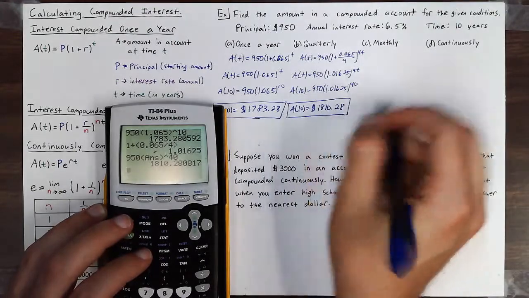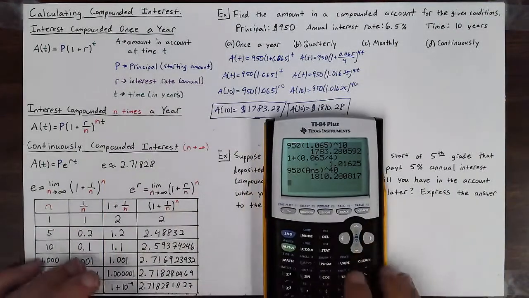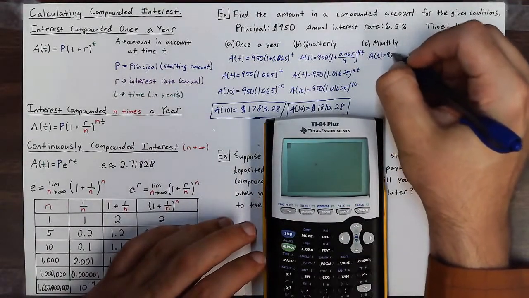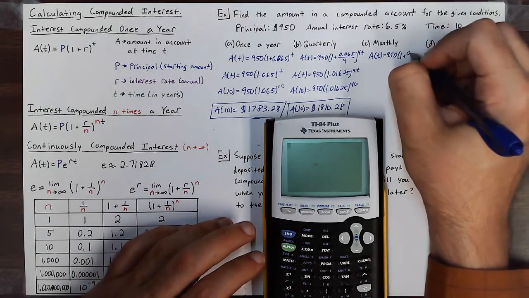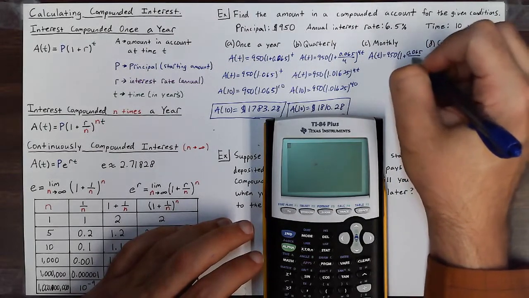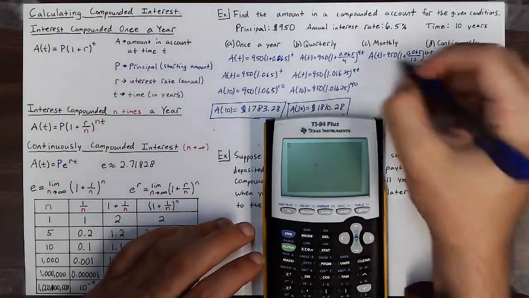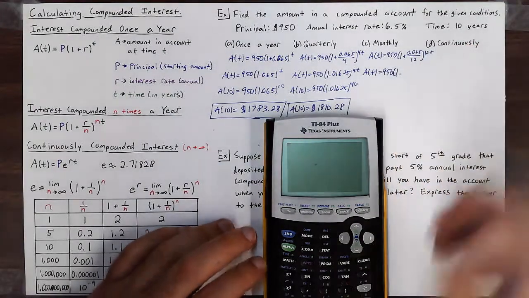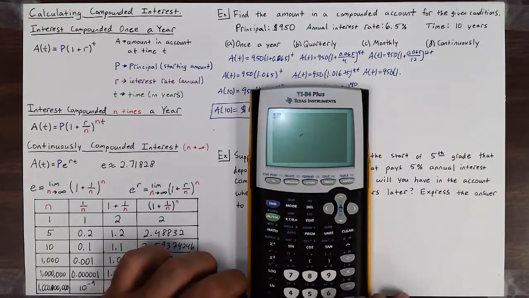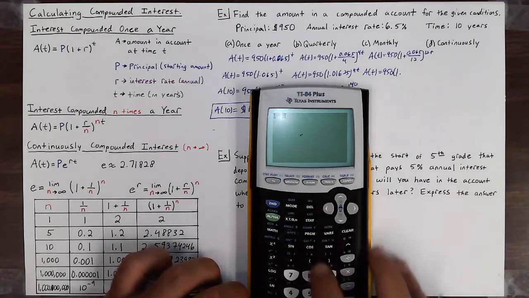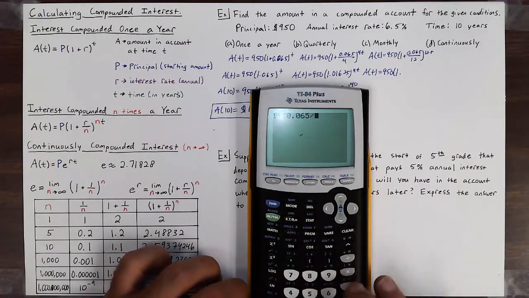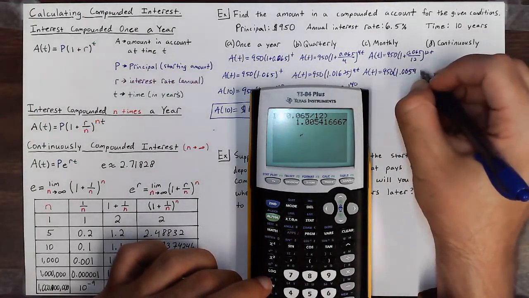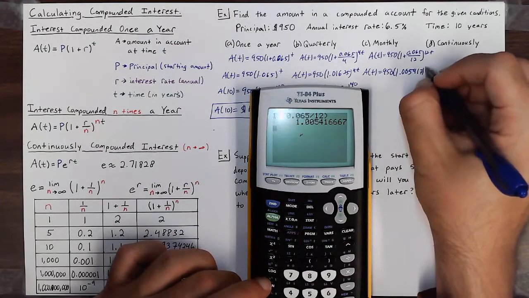So let's say we do it monthly, so once a month. Well, that would be A of t equals 950 times 1 plus 0.065 divided by 12, to the 12t power. Let's figure out what that decimal is: 1.005416 repeating.